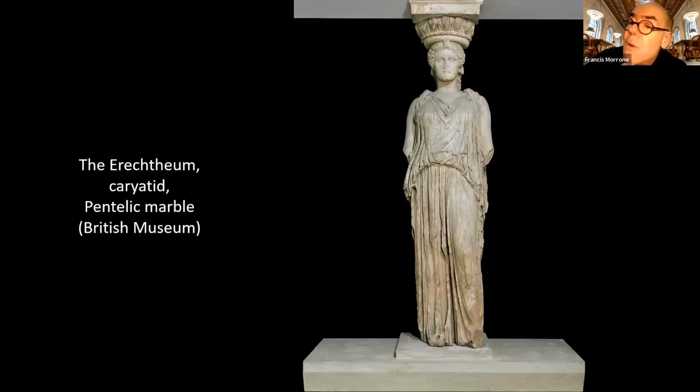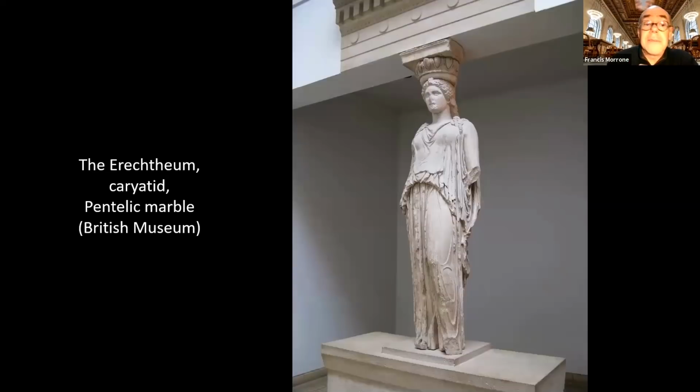But also on the Erechtheum are these things that are column-like, but not actually columns. They are statues in place of columns, female statues in gowns. We call them Caryatids. And they are astonishingly beautiful. Study them up close in the British Museum.